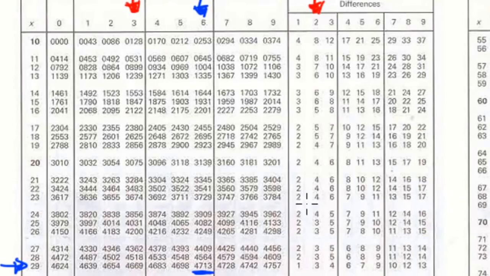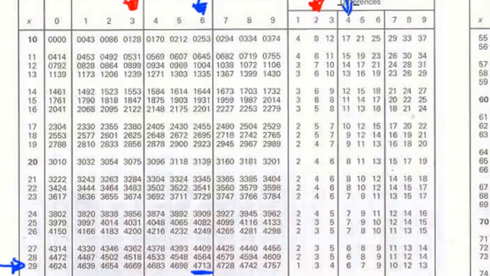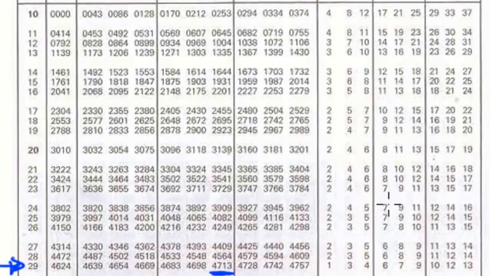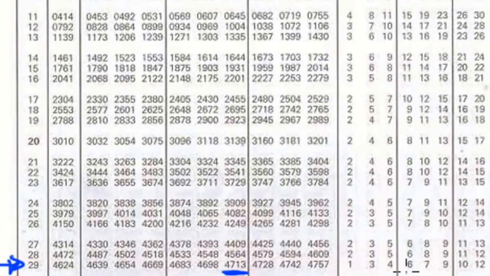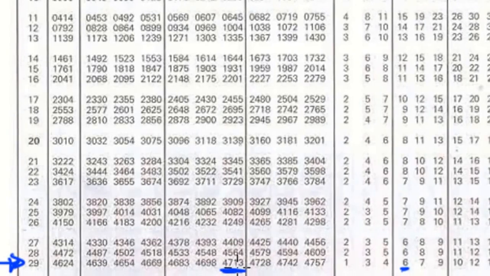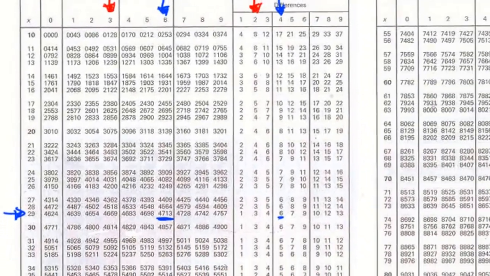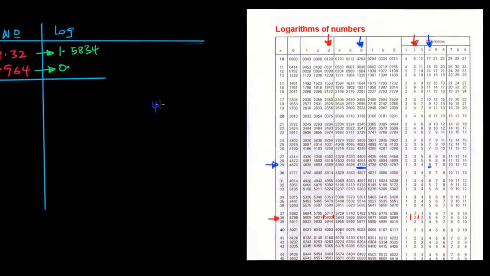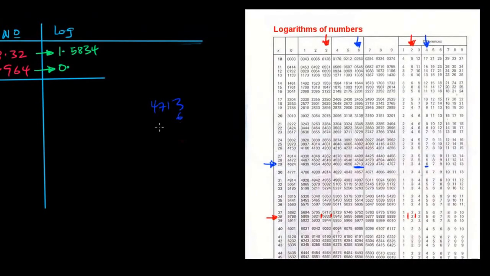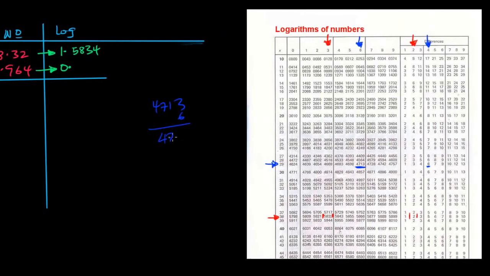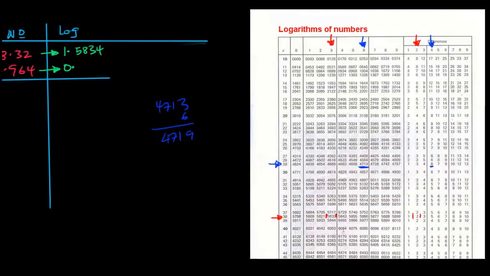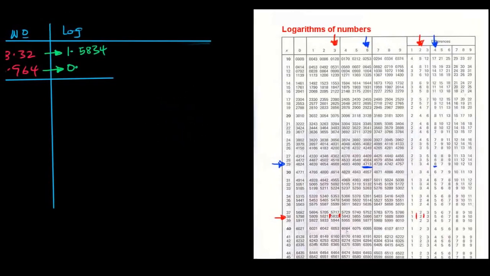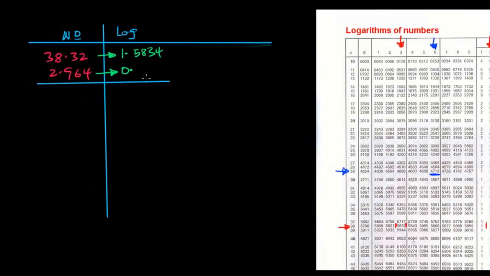Then for the difference of 4, just come down to 29. That means 6 here. So we'll add 4713 and 6. This will give us 4719. We'll write that: 4719.